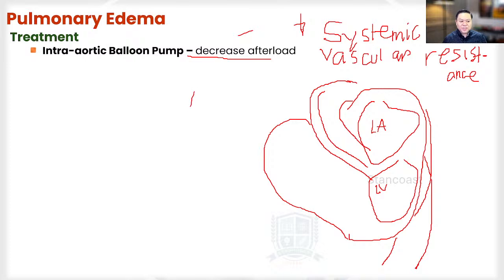So if the pressure goes up, if the SVR goes up because of the hypertension, what do you expect? That increasing pressure will now cause the ventricle to work harder. It will cause the ventricle to push harder and become exhausted. At some point, it will no longer be able to pump the blood effectively. So this will now lead to that left-sided heart failure, okay?